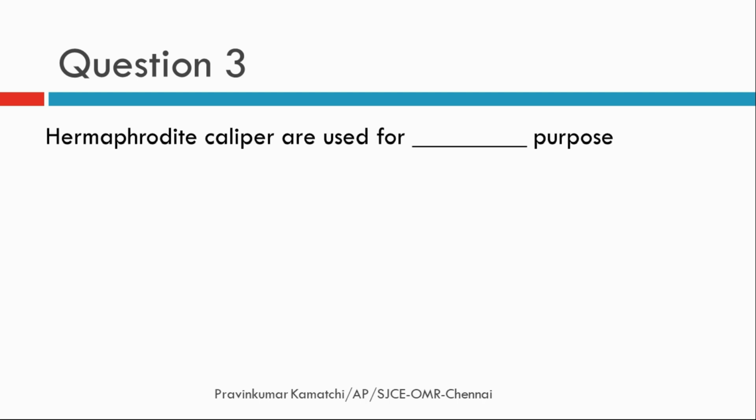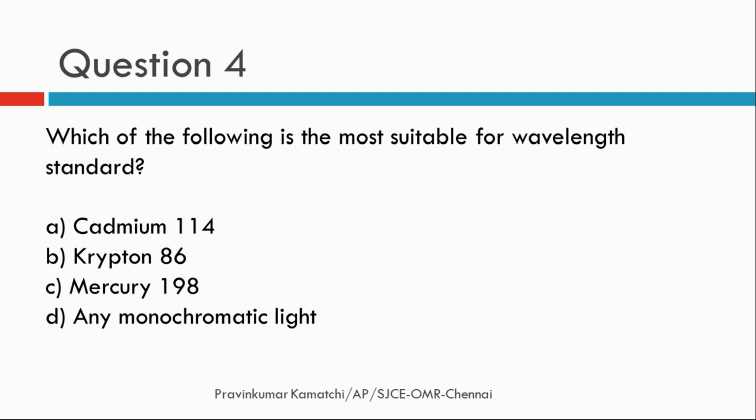It is a fill in the blanks type. Hermaphrodite calipers are used for dash purpose. Question number 4. Which of the following is the most suitable for wave standard? Cadmium 114, krypton 86, mercury 198 or any monochromatic light?